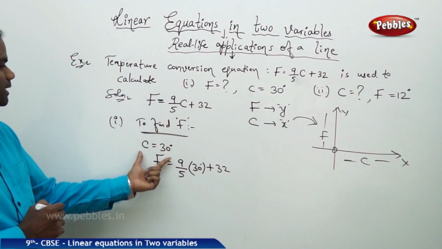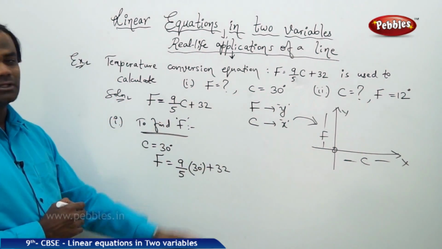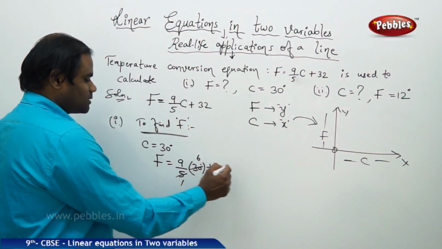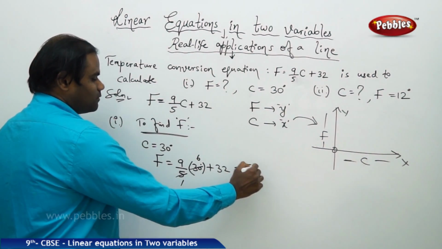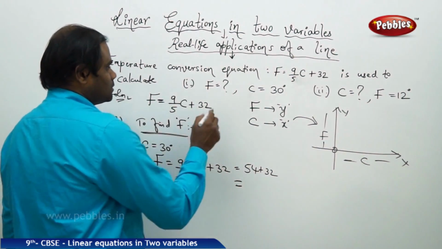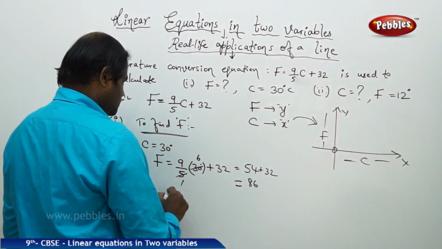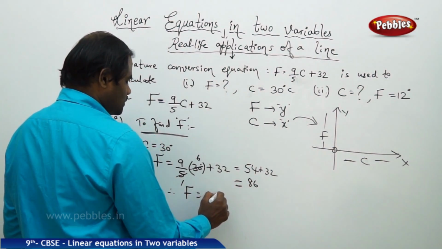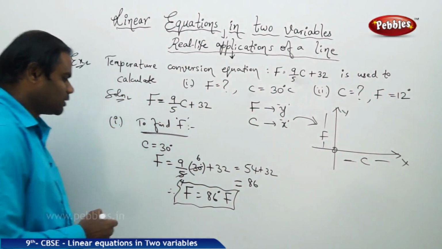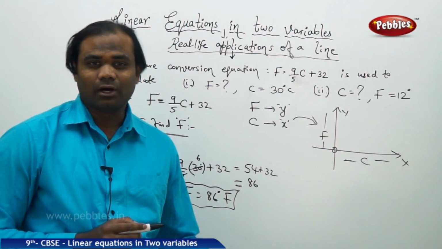So with C as 30 degrees, it becomes 9 by 5 times 30 plus 32, which on simplification gives 5 sixes are 30, 6 nines are 54, plus 32, which is 86. Therefore, my F is 86 degrees Fahrenheit. So 30 degrees centigrade converts to 86 degrees Fahrenheit.